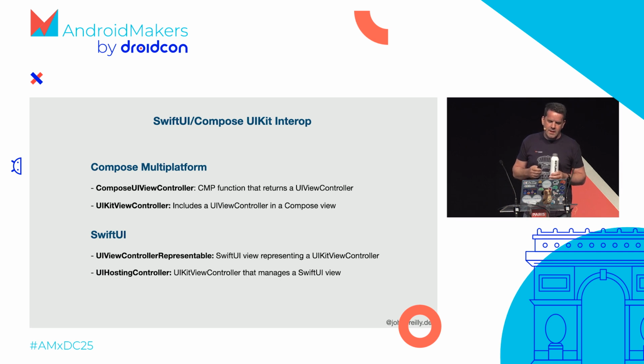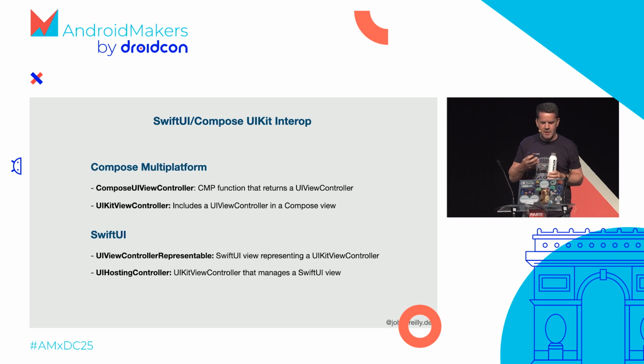So these are the key UIKit-related classes that Compose Multiplatform and SwiftUI provide to allow us to implement that interop, based on using that UIViewController object as a bridge. For Compose Multiplatform, we have ComposeUIViewController.